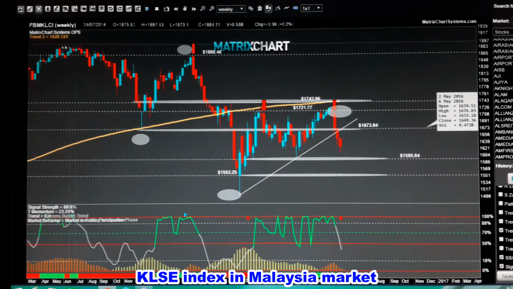Okay, from here we can see that this is the top, and we have a major wave 1 here, wave 2, wave 3, and wave 4. So wave 5 will be somewhere around here.